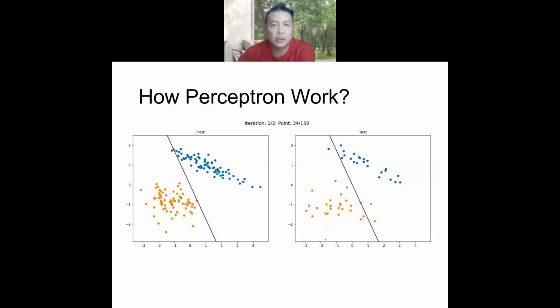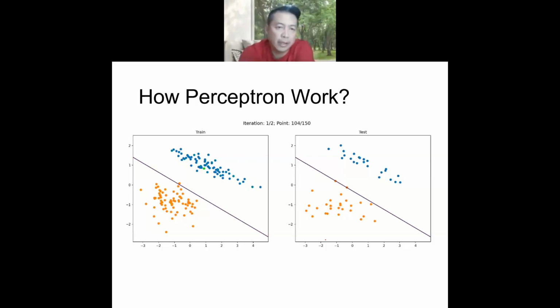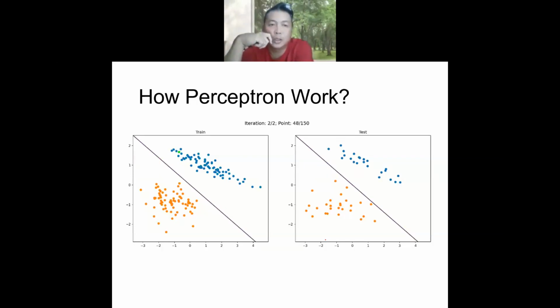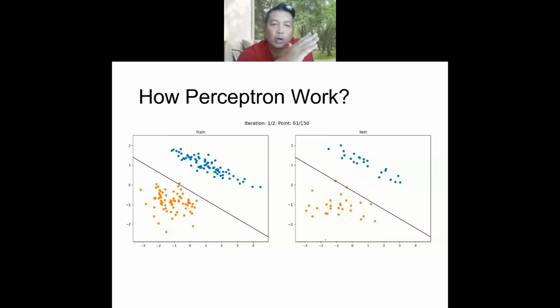This is just to show you an illustration of how the perceptron works. The left side is the training, and the right side is the testing phase. The green light that you see is them testing whether they got the right prediction by looking at which side each point belongs to.